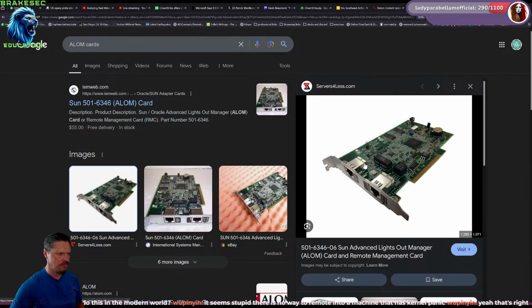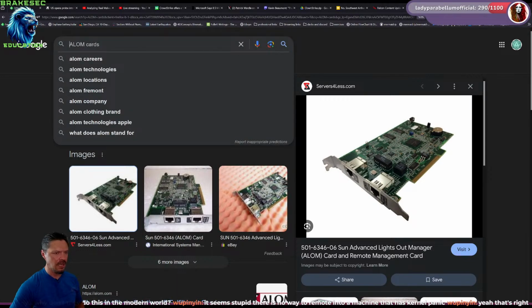Sun had them at one point. Advanced lights out managers. I think HP called them ILOM. Yeah, you hooked up a management network to it, which was separate and supposed to be isolated from your normal network. And then it ran, I don't want to say it ran a basic, but it ran like an SSH server or something.